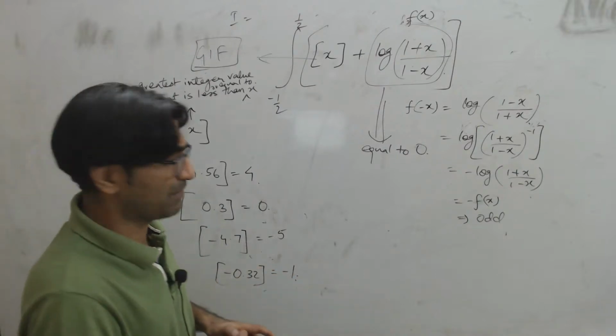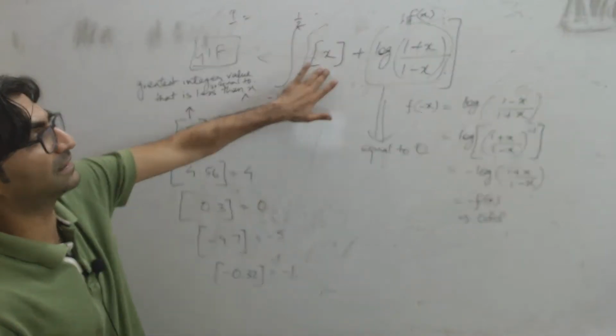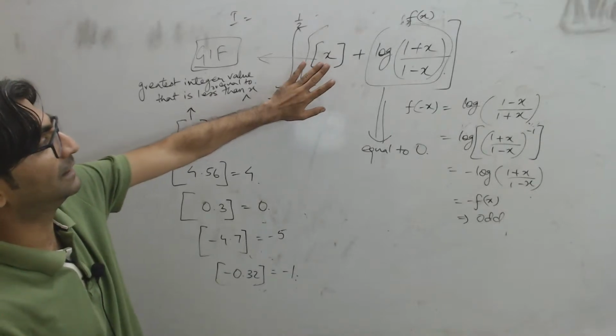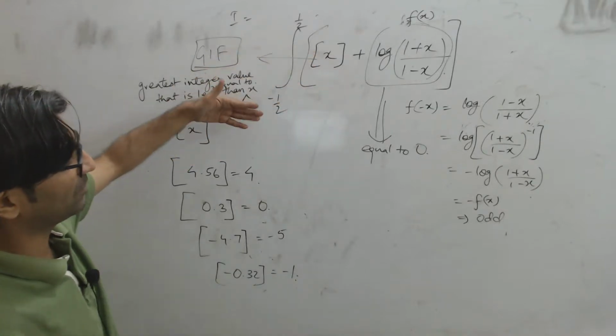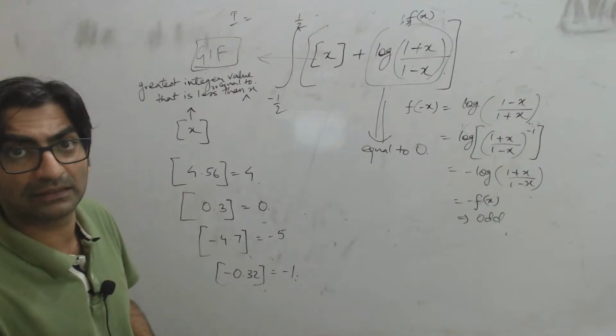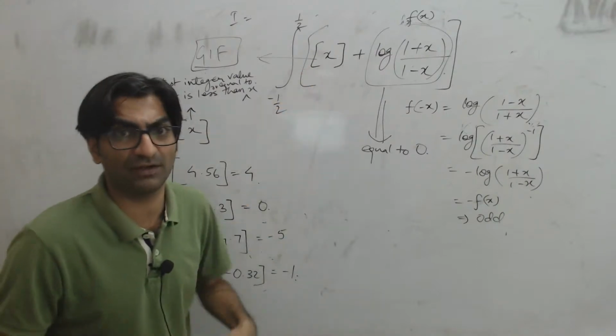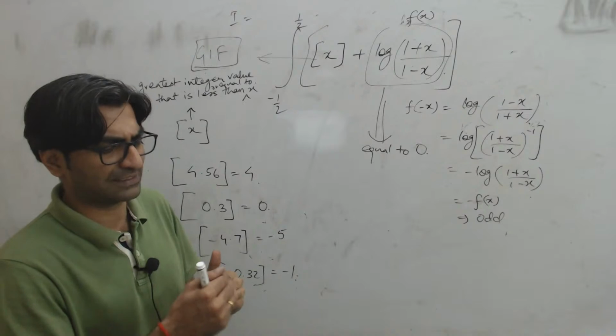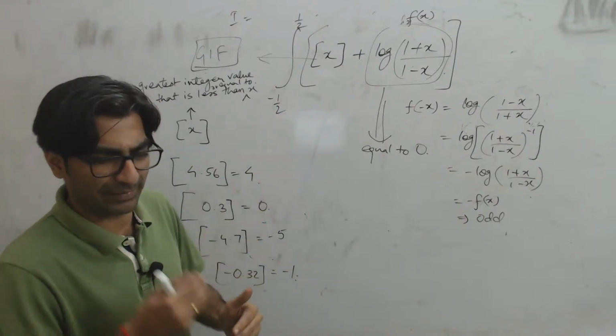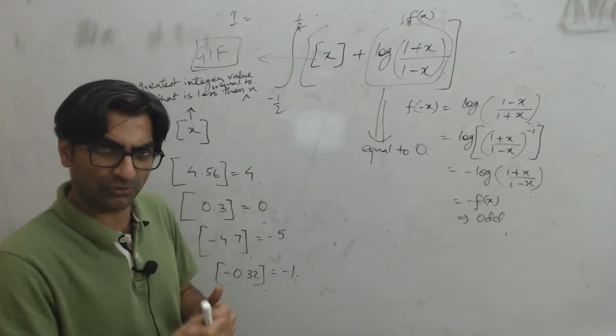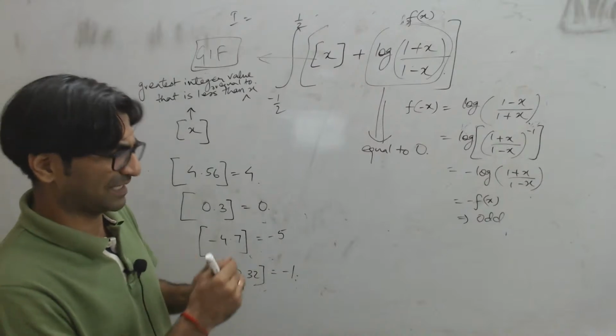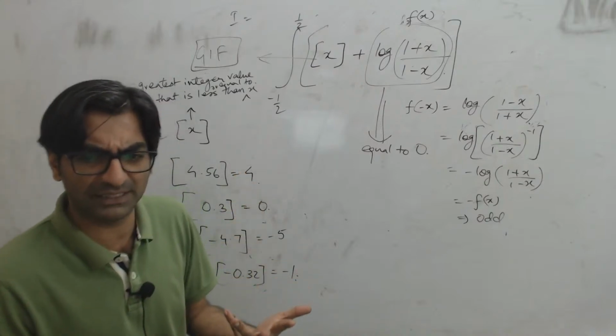Right? Now, if I remember this, then I look at this integral and say, okay, GIF of x depends on where I am integrating, because the GIF is going to give me an integer value for successive values of x. What does integral mean? You're basically putting successive values of x. So successive values will give me the same GIF value.